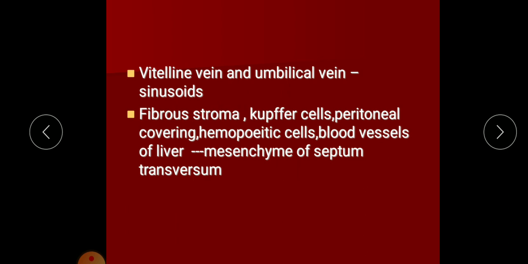The third derivative you should also remember is the mesenchyme of the septum transversum. The septum transversum also has a contribution. It contributes to the formation of the fibrous capsule, the Kupffer cells, the peritoneal covering, and the hemopoietic cells, the blood cells. All these are derived from the septum transversum. Fine.